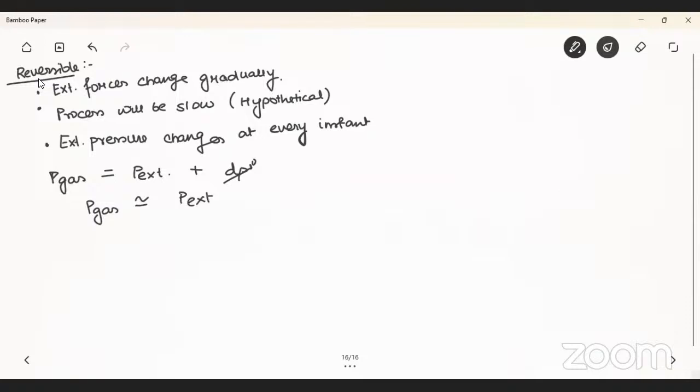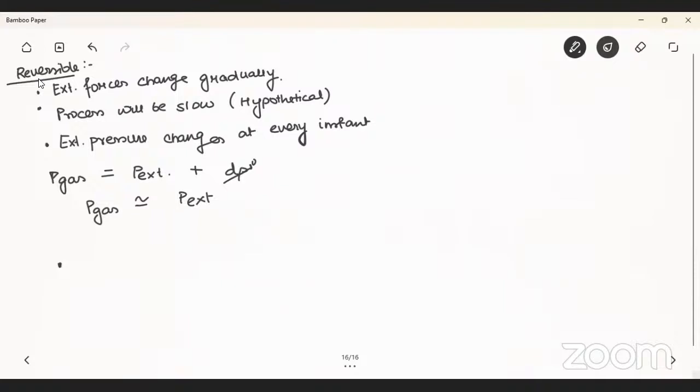If this whole quantity tends to 0, then obviously the pressure of the gas and the external pressure remain equal. Since this term is almost 0, whatever external pressure we apply, the same pressure is felt by the gas inside the container. So pressure on the gas is equivalent to pressure given by the external. So what is the graph here?